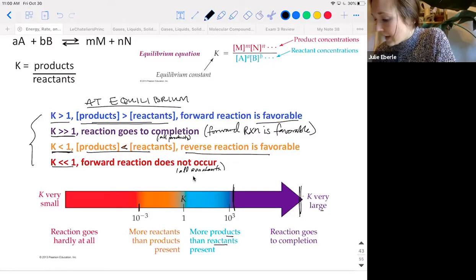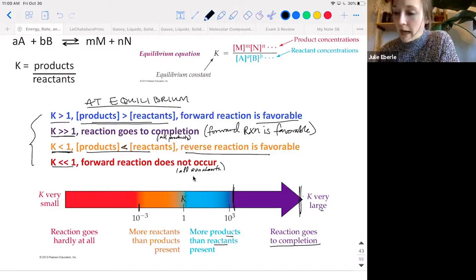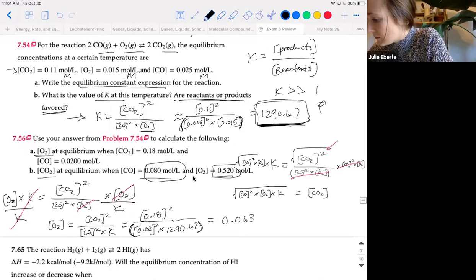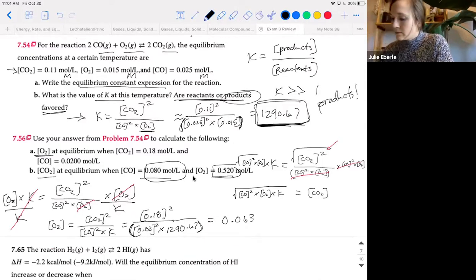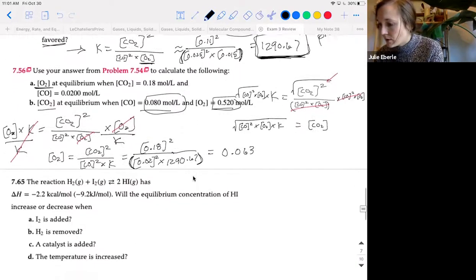If K is larger than 1, it says the reaction goes to completion. The forward reaction is favorable, so you're going to have more products than reactants. So products are favored. When K is big, products are favored. When K is less than 1, reactants are favored. So here we'd say products. Okay, any questions on that?